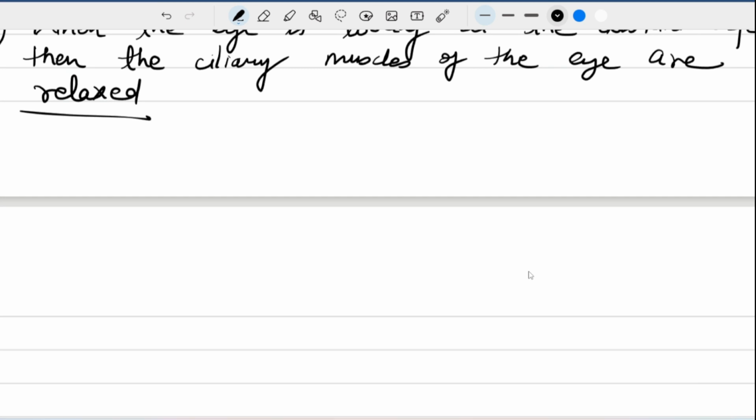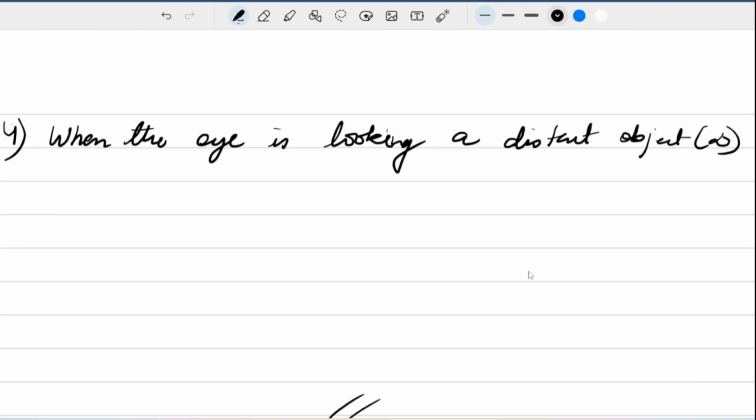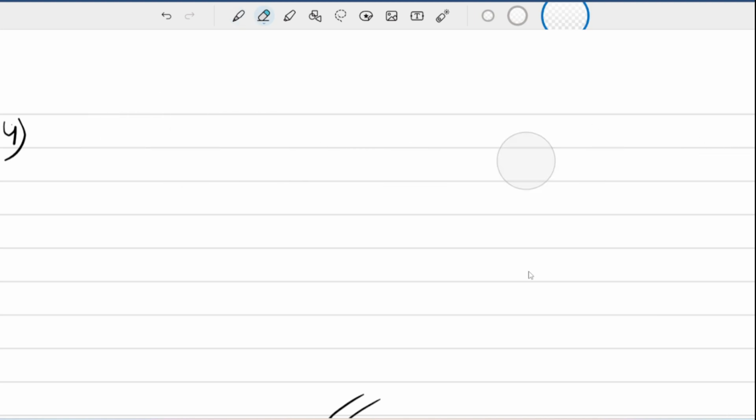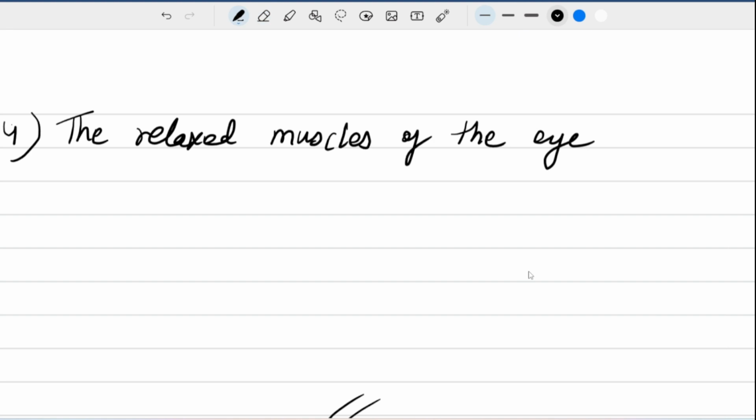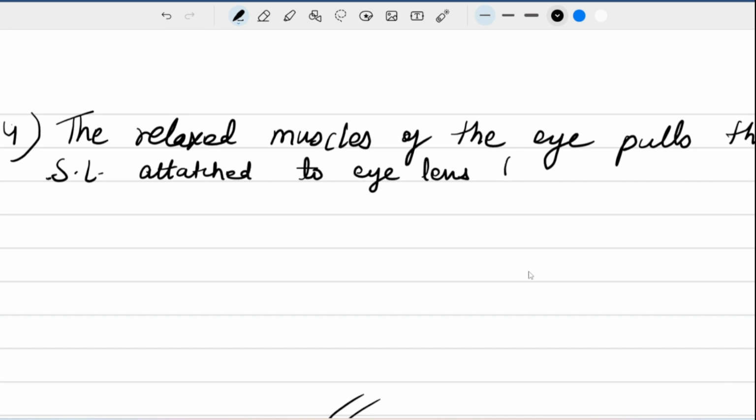So what I was saying, यहाँ से start होगा that the relaxed ciliary muscles of the eye pull the suspensory ligaments attached to the eye lens tightly.